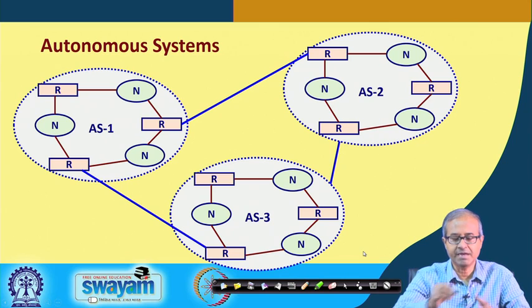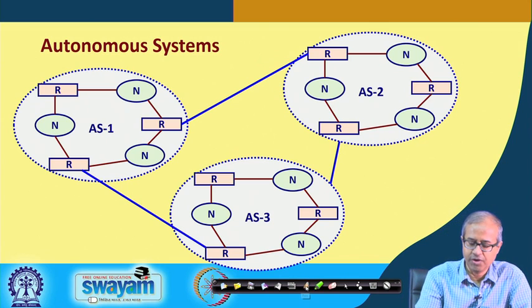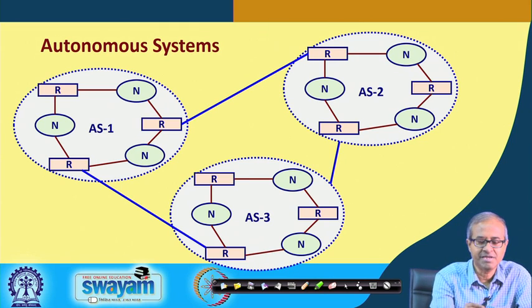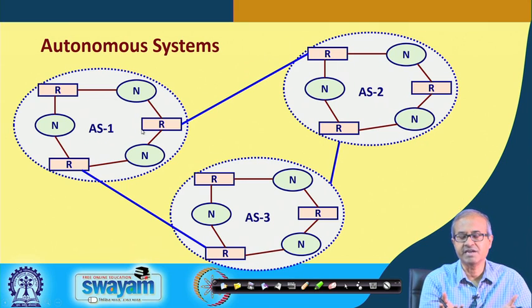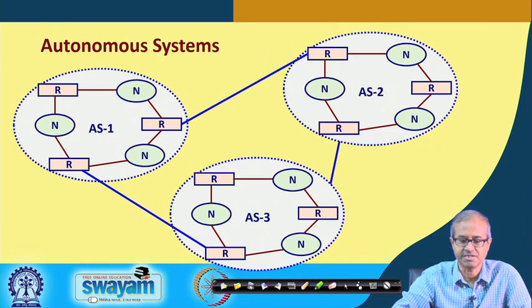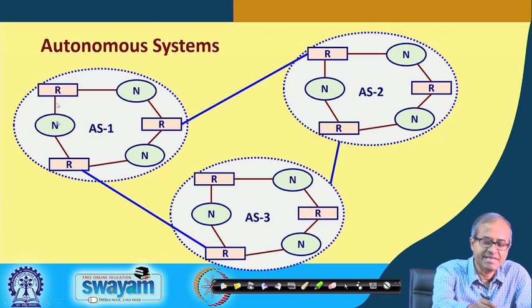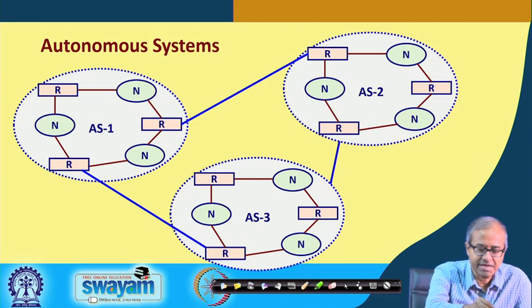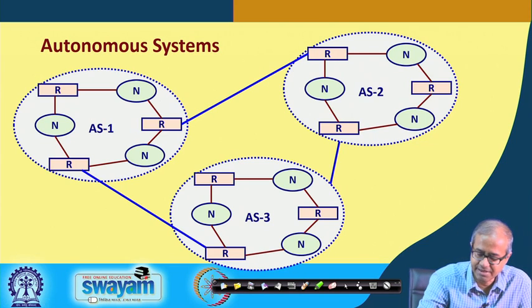Now, here I am showing a picture where there are 3 autonomous systems, whose numbers are 1, 2 and 3. As you can see, in each autonomous system there are several routers, there are several networks. Of course, there are computers, I have not shown the computers here, and there are links which connect routers to the networks. So, the routers which are there inside, you can see that there are multiple connections.